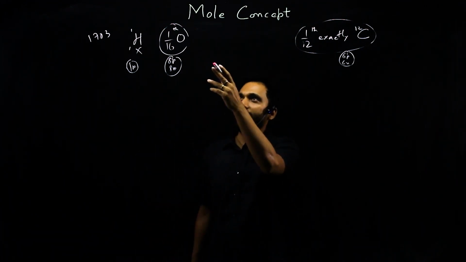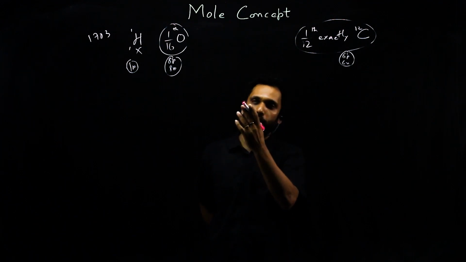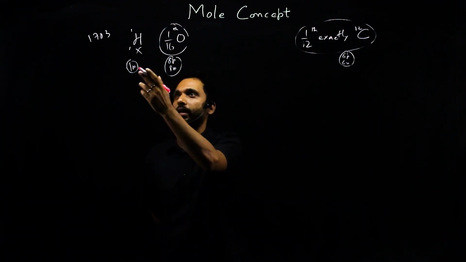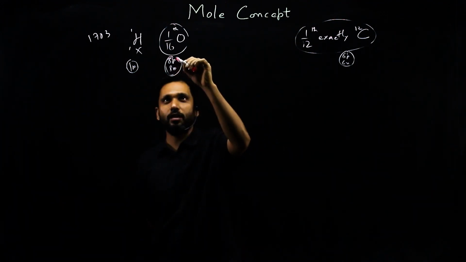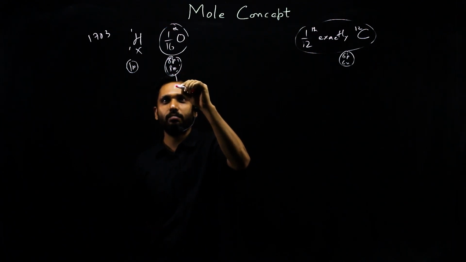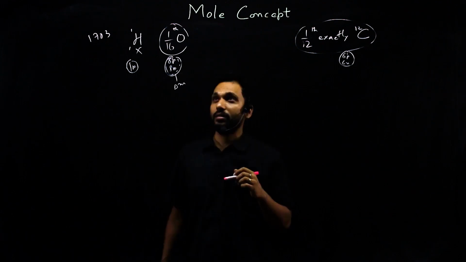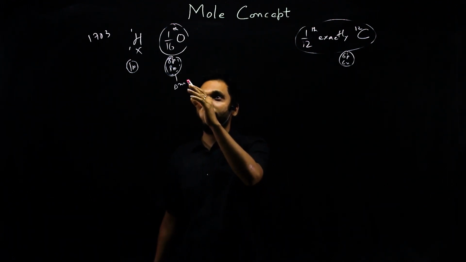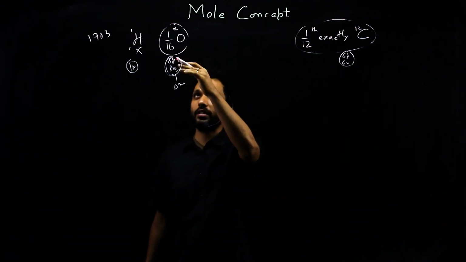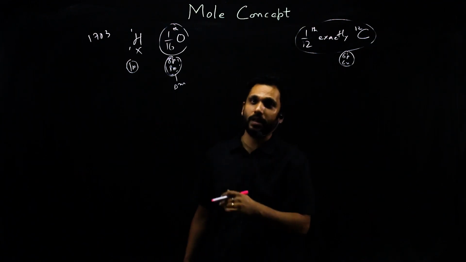So 1/16th of oxygen would have been a very nice number. It is better than a proton because these are things combined. So when things are combined, there is a mass defect. So taking 1/16th of oxygen is accounting for the mass defect also.